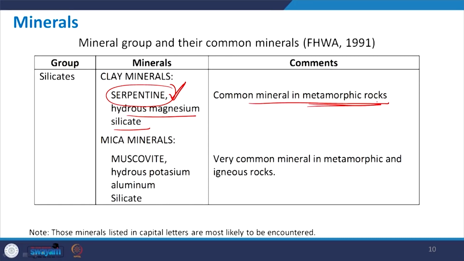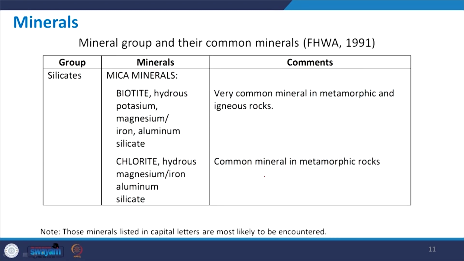Then the next category of mineral in silicates deals with mica material, which is muscovite, a most commonly occurring mineral, and this is common in metamorphic as well as in igneous rocks.